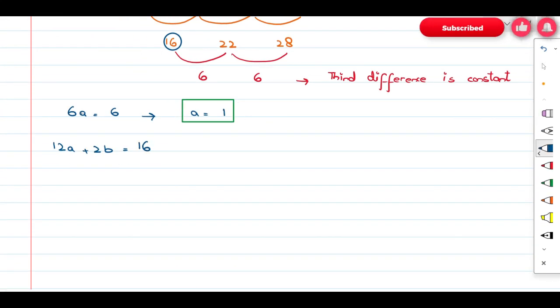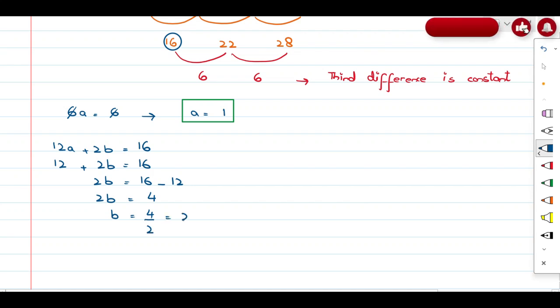Plug in the value of a, because 6 over 6 is just 1, so a is just 1. So 12 plus 2b equals 16. So 2b is 16 take away 12, which is just 4, and the b value is 4 divided by 2, which is equal to 2. So from here you get the b value, which is equal to 2.